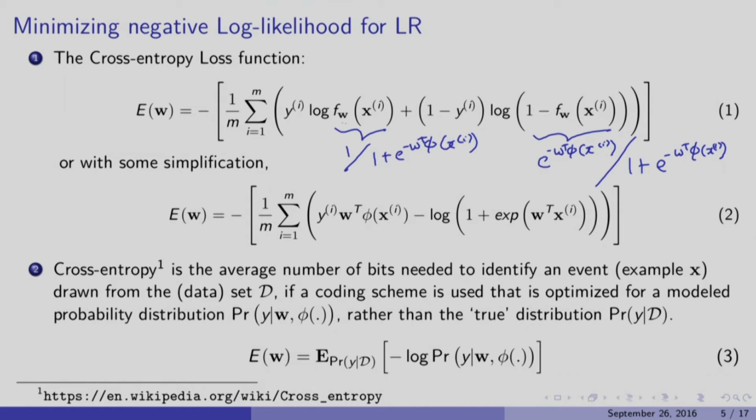What you can do thereafter is as follows. So the log of a ratio is the difference of the two logs. So this basically will become log of 1, which is 0, minus log of 1 plus e raised to minus w transpose phi xi.